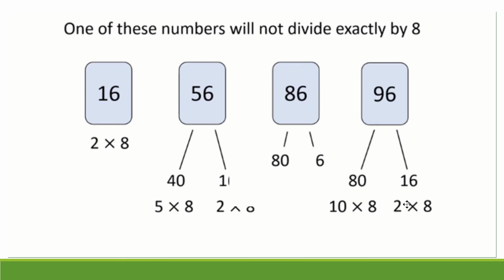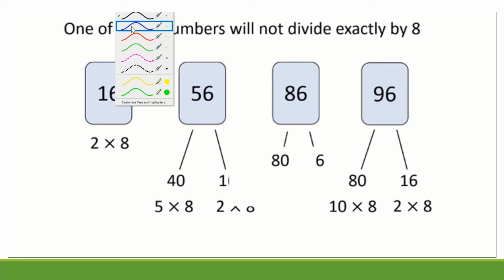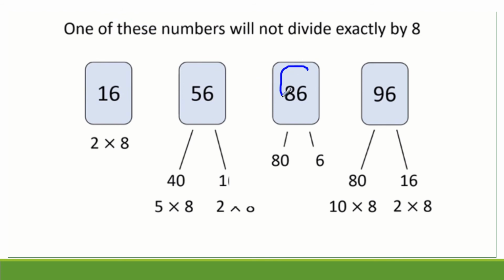And we know that 2 times 8 is 16. So 96 divided by 8 gives us 12. 10 and 2 more lots of 8s make 12. So the number that did not divide exactly by 8 was, let's circle it, 86. Did you choose that correct number?